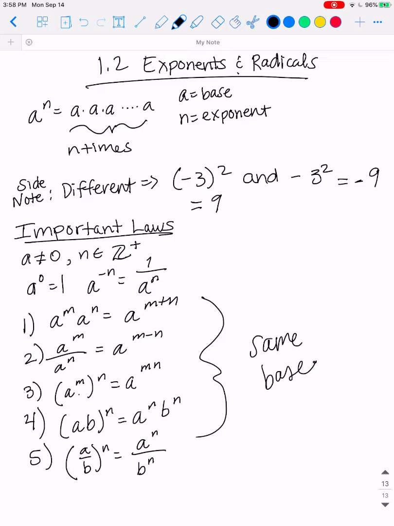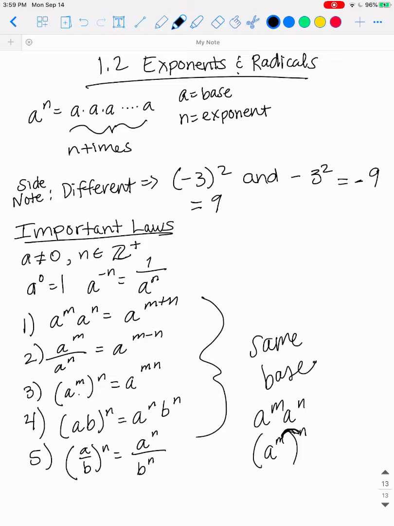So a way that I remember to differentiate between a^m a^n and (a^m)^n is that here it's like the distributive property. You're multiplying them. And so that's how I differentiate the two.